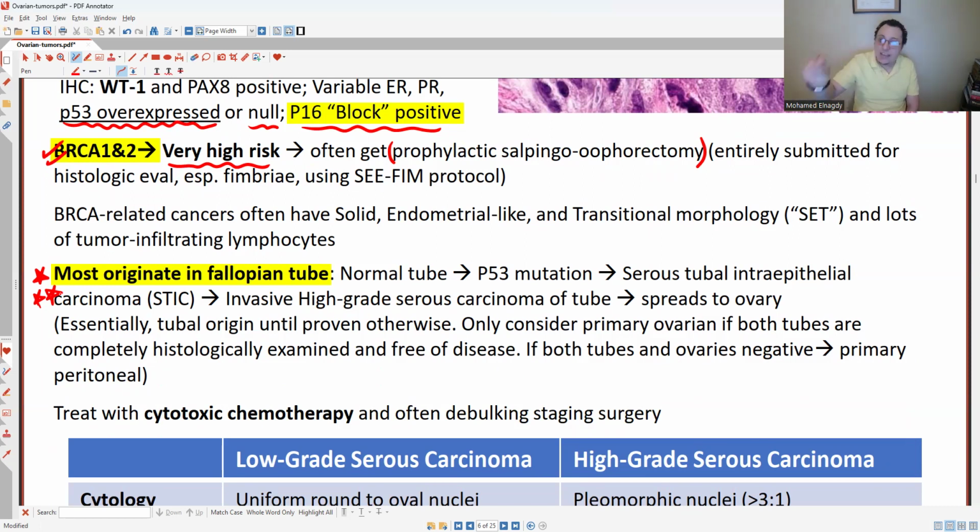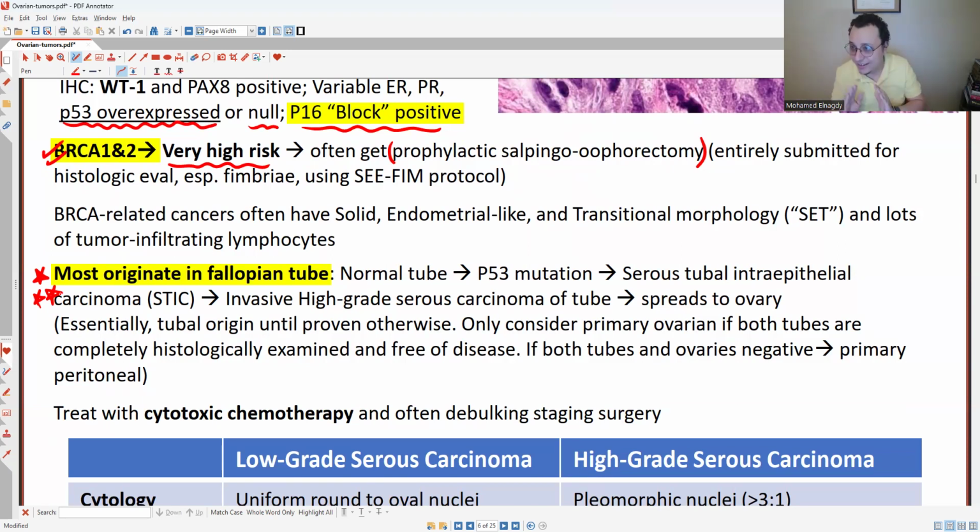Most of the high-grade serous carcinomas of the ovary arise originally from the fallopian tube. They start always in the fallopian tube, and then they go to both the ovary and the endometrium sometimes. But always the origin is the fallopian tube.